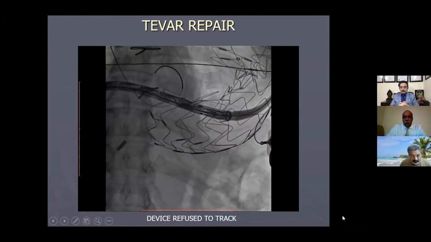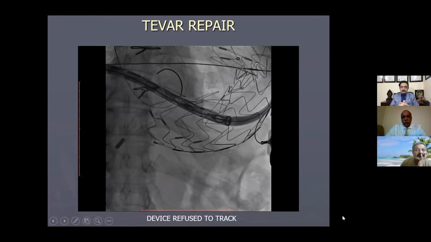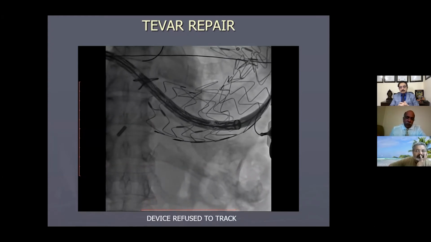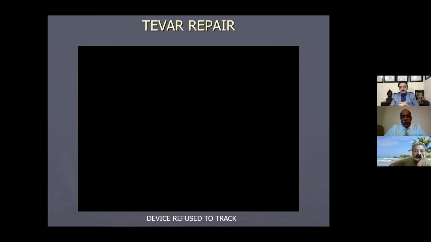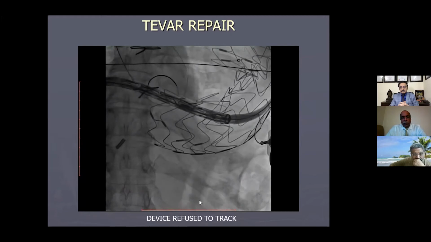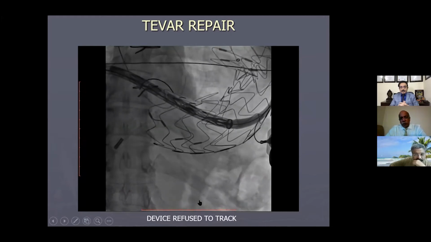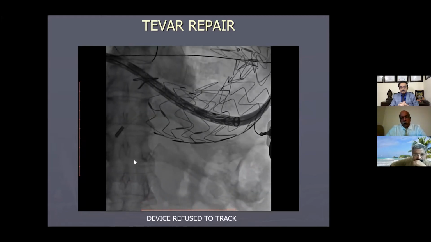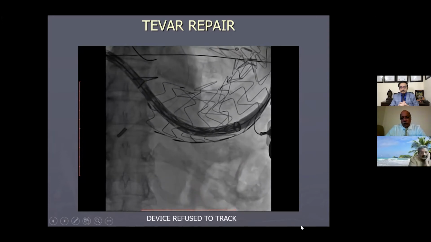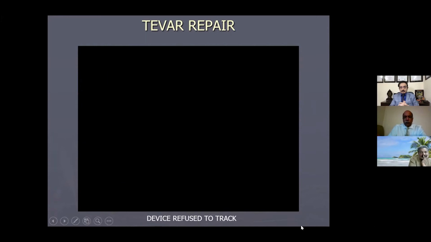So we decided we'll take him up for a TEVAR and try to cover the entire graft. But when we tried to do that, if you can see, when we are trying to push the graft up, it would not track because of the aneurysmal dilatation of the thoracoabdominal aorta.